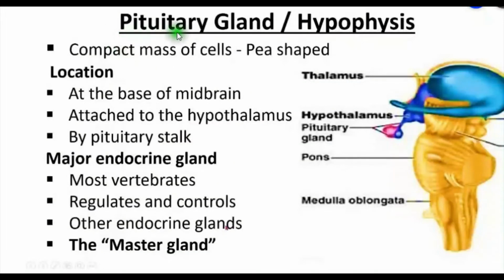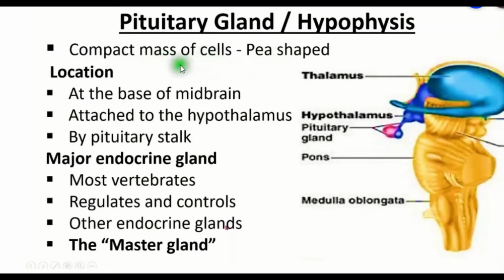The first gland is the pituitary gland, or hypophysis. This pituitary gland is a pea-shaped gland. It is a pea-shaped compact mass of cells, that means a group of cells.